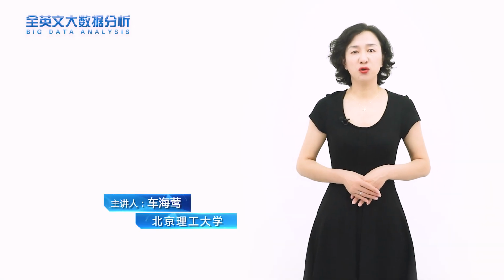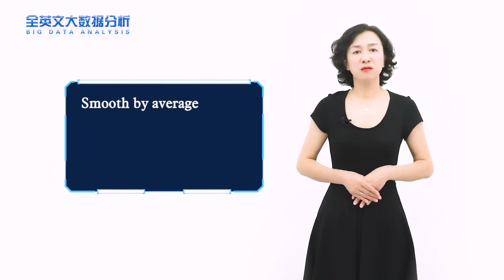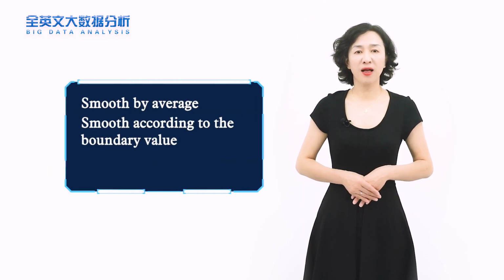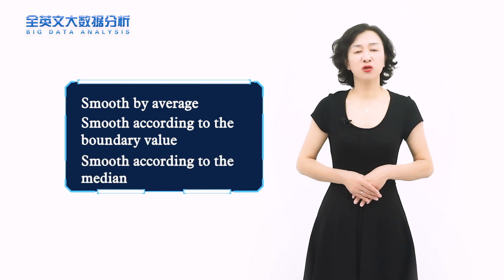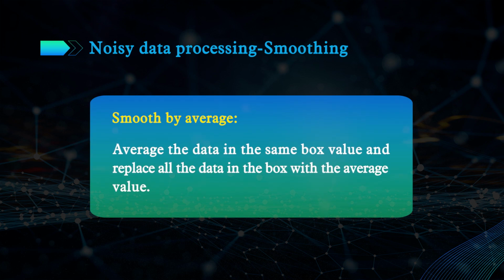After binning, we should choose a value to represent the boxes, which is called smoothing. There are mainly 3 ways to smooth: smooth by average, smooth according to the boundary value, and smooth according to the median. Smooth by average is to average the data in the same box and replace all the data in the box with the average value.